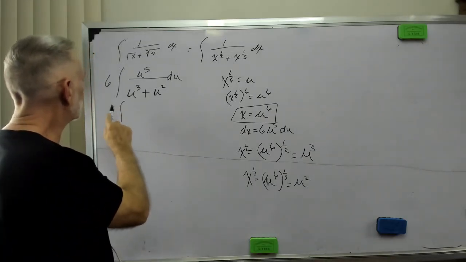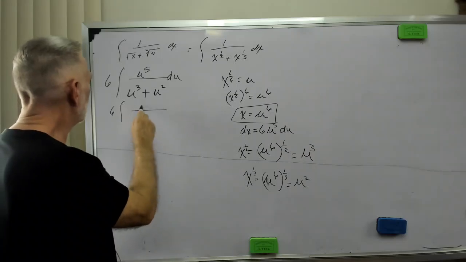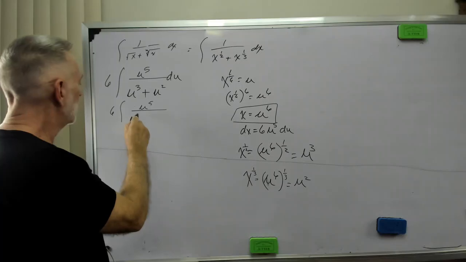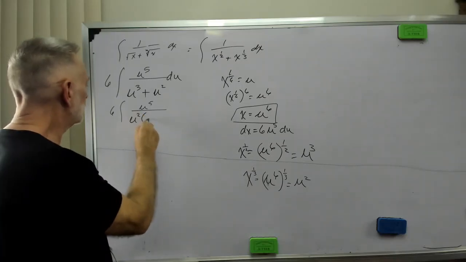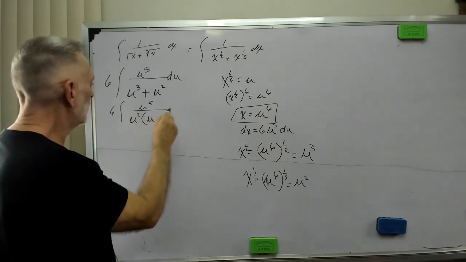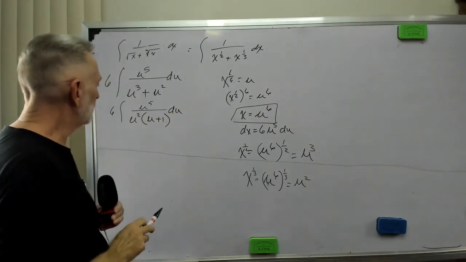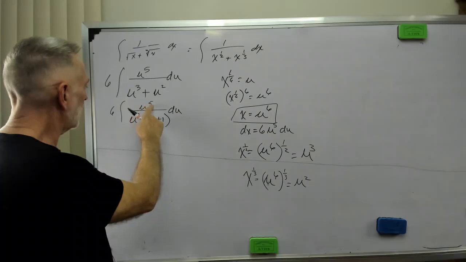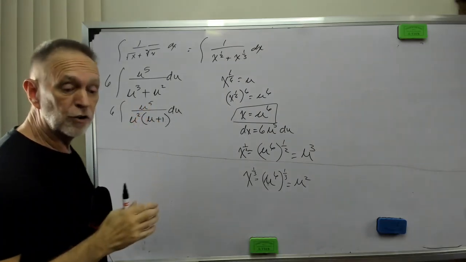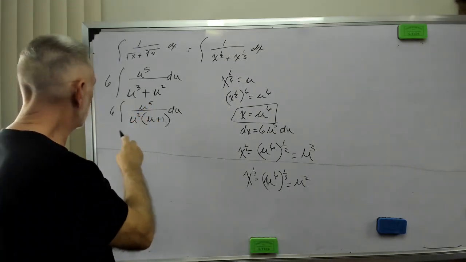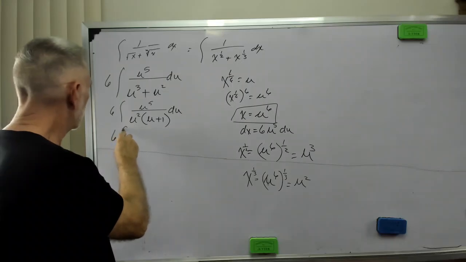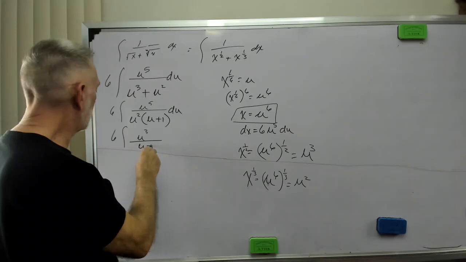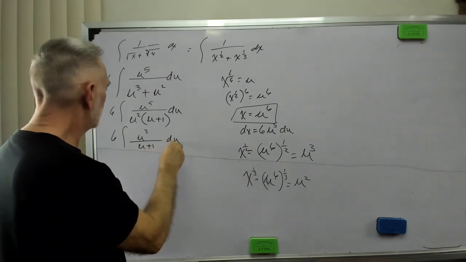We have u to the 5th over u squared times u plus 1, so let's factor out u squared. Now let's subtract: u to the 5th divided by u squared, 5 minus 2, gives me u cubed over u plus 1 du.